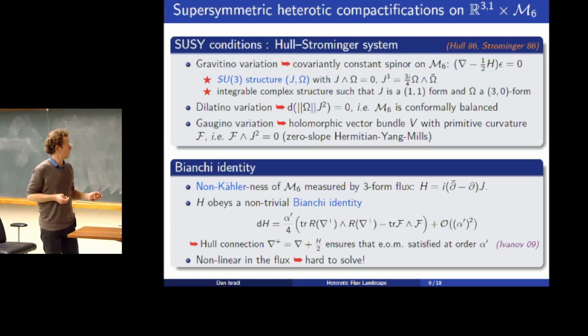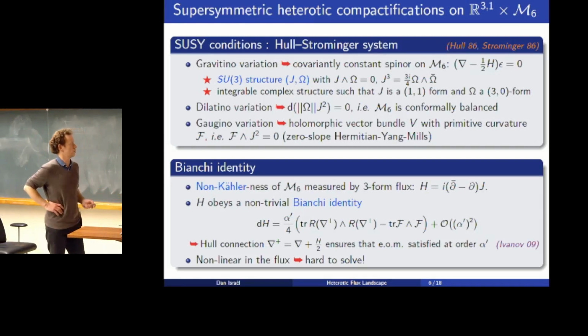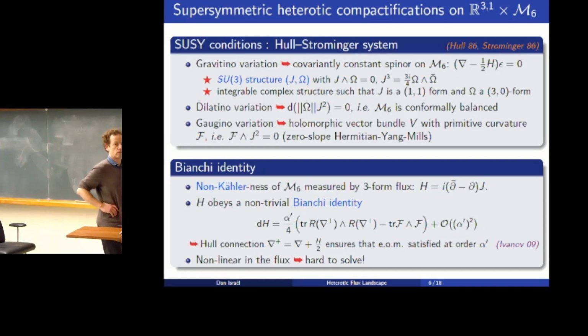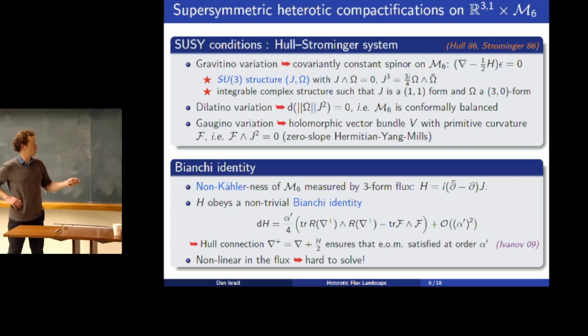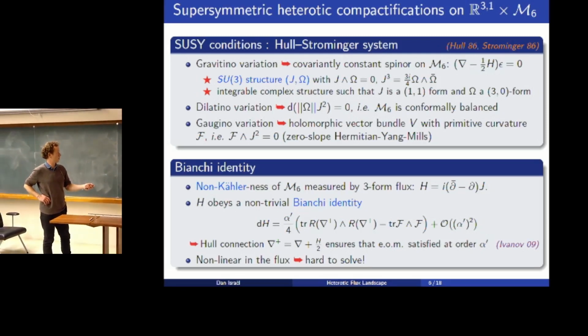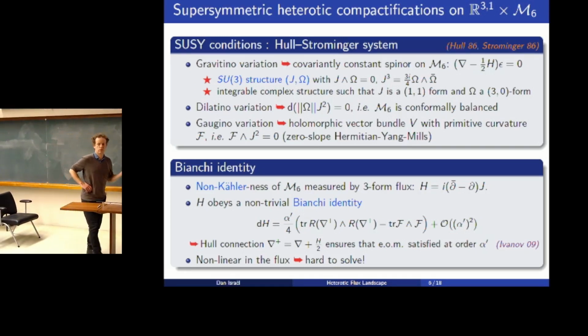It relates the exterior derivative of H, which is present whenever the space is non-Kähler, with those traces which involve the curvature of the gauge bundle and the curvature of the tangent bundle. And it turns out that if you choose the right connection on the tangent bundle in this Bianchi identity, which is the Hull connection, this and that imply the equations of motion, at least at order alpha prime.